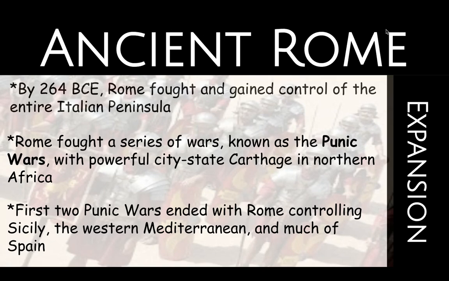The first two Punic Wars ended with Rome controlling Sicily, which was what they were fighting over anyway, the island of Sicily in the Mediterranean. And so the Roman army defeated the Carthaginians and gained control of Sicily and a good portion of Spain as well.